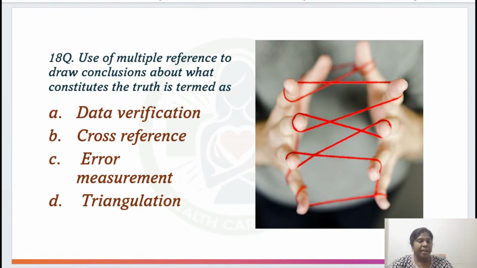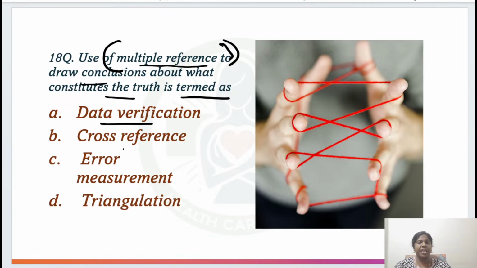Next, 18th question. Use of multiple reference to draw conclusions about what constitutes the truth is termed as. See, in our research study, when we are using multiple references to draw the conclusions, it is termed as what? Data verification, cross reference, error measurement or triangulation.